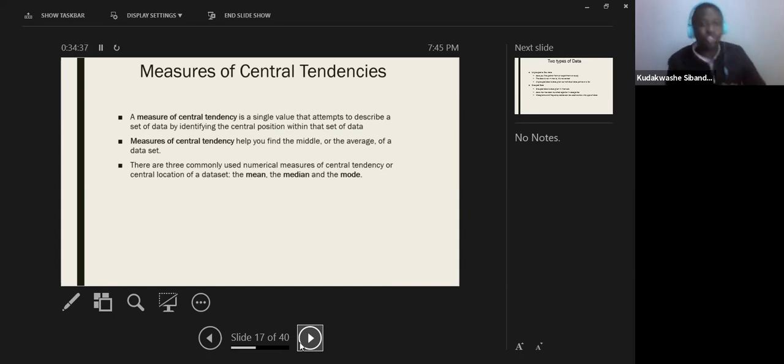In an exam, there might be one or two questions, or there might not be any questions at all regarding unit 1 and unit 2. So it's just background, a foundation for you to understand the statistical methods that you will be using later on.